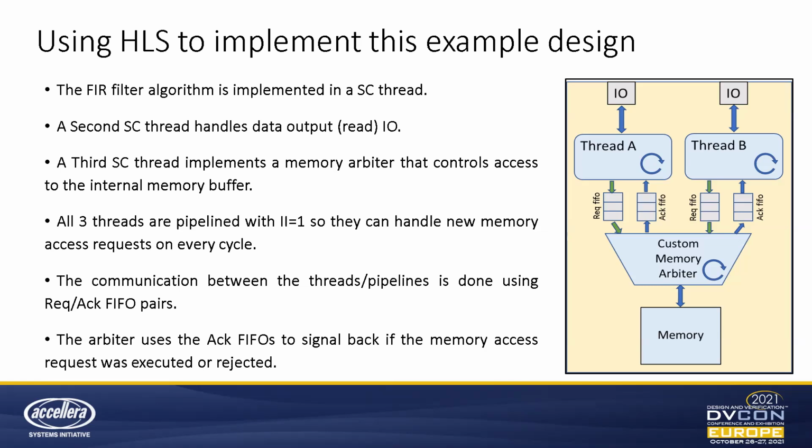All of these three threads are pipelined with an initiation interval of 1, meaning that a new iteration can start on every new clock cycle. We chose to do the communication between these threads and the arbiter using FIFO pairs. These are the request and acknowledge FIFOs. The request FIFOs are used for sending a memory access request to the arbiter. The acknowledgement FIFOs are used for signaling back the request status from the arbiter.